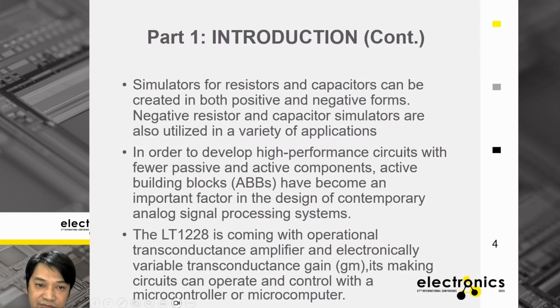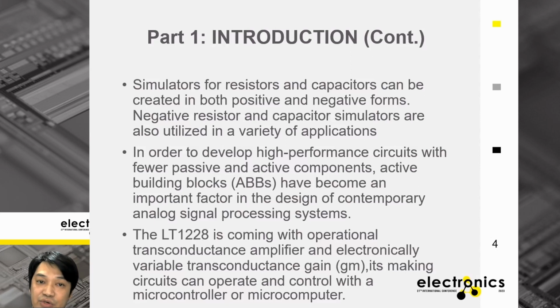Next, the simulators of the resistor and the capacitor can be created in both passive and negative form. The negative resistor and capacitor simulators are utilized in a variety of applications.